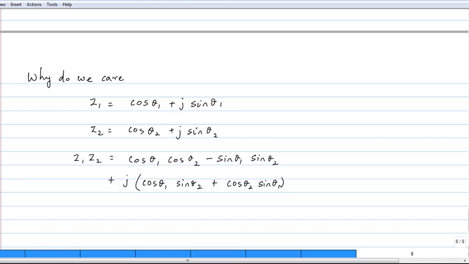Then you could perhaps use trig identities to simplify this further.